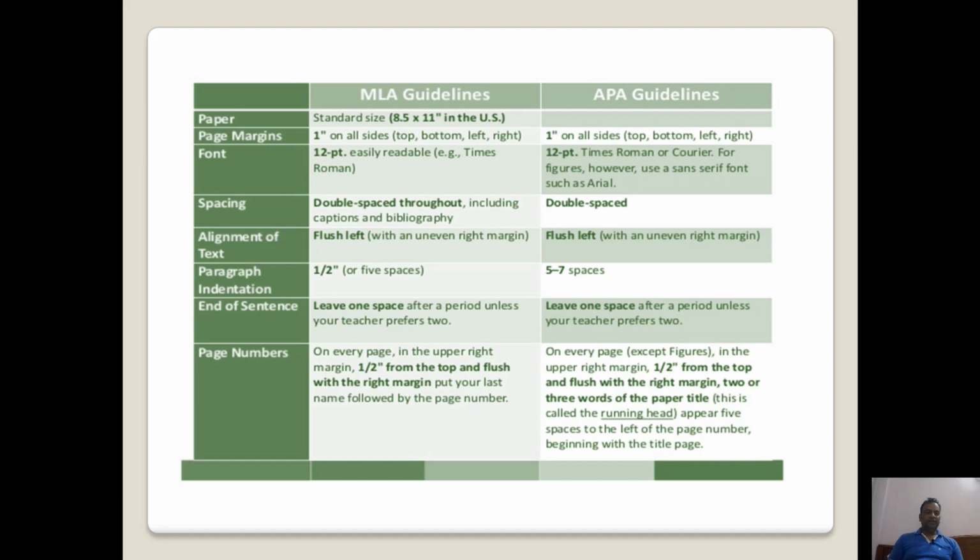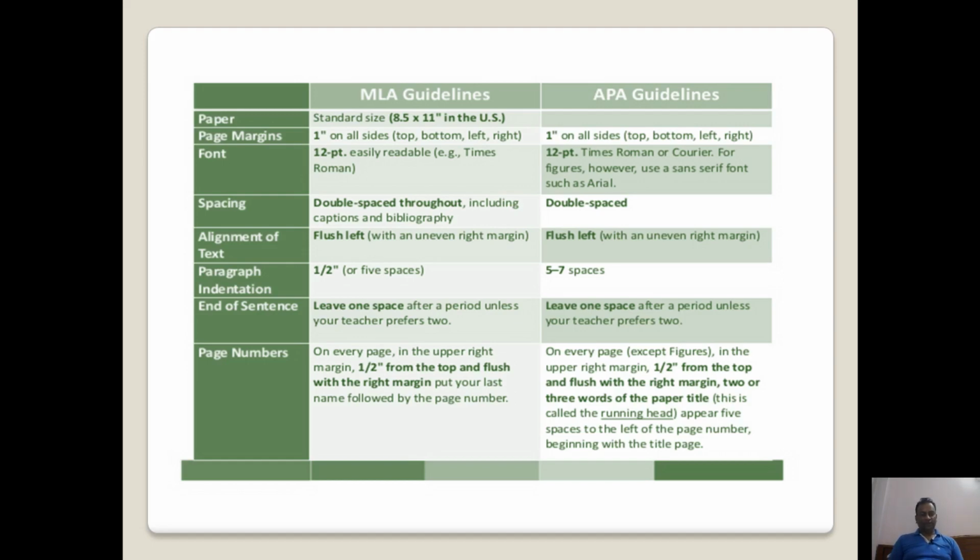Spacing, double space throughout, including captions and bibliography. APA guidelines also suggest using double spacing. Alignment of text, flush left with an uneven right margin, and this is applicable in both formats.